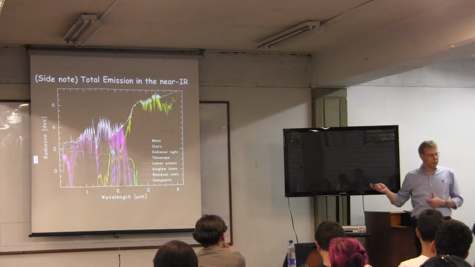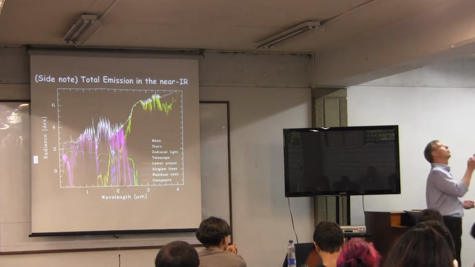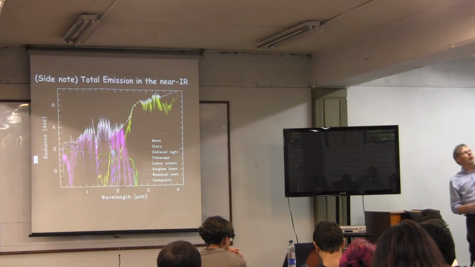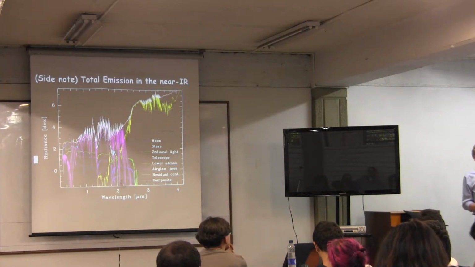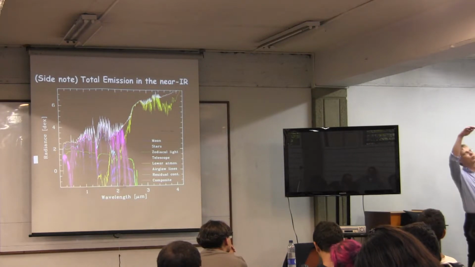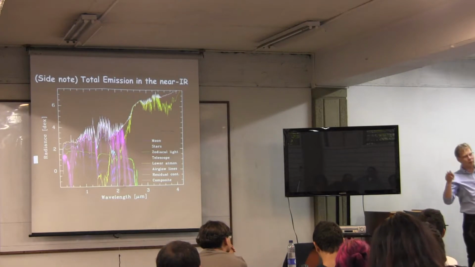But the easiest thing you can do is you look at the object, say this is the bright object, it's the lamp here. And I observe it, the atmosphere is in between. And I get both. I get the spectrum of the lamp, and I get the spectrum of the atmosphere in between. But the atmosphere is in this room everywhere.